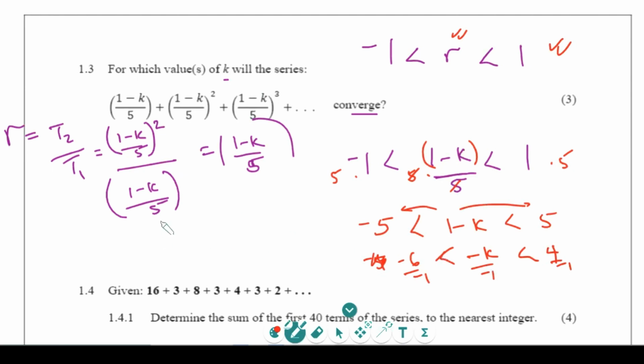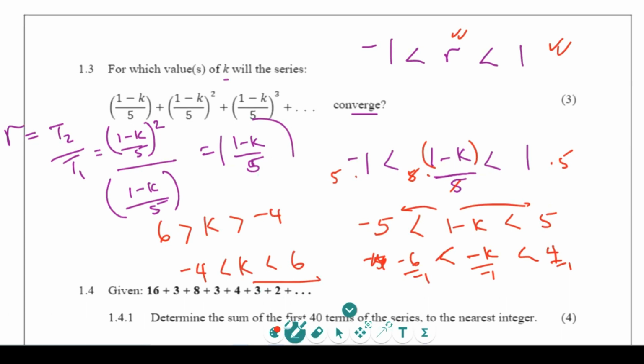So that is 6 is less than k, then is less than -4, which you can suitably write as -4 is less than k and is less than 6. So that will be the condition for which that series is going to converge.